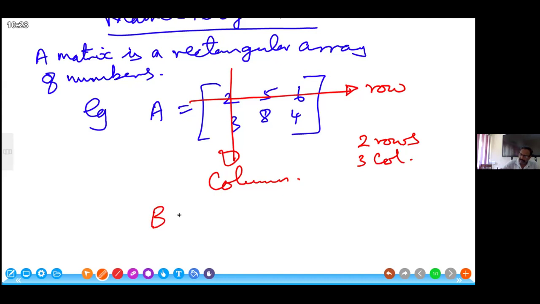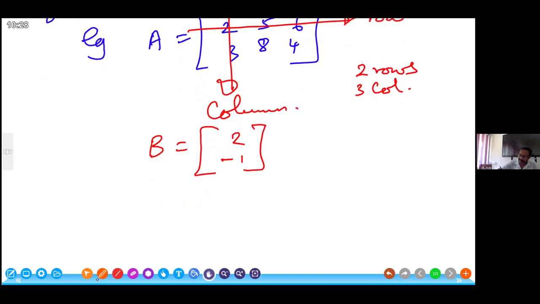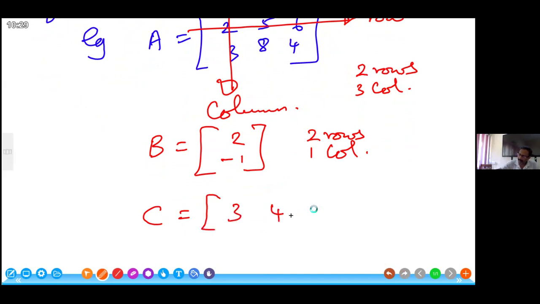Similarly, another matrix, 2 rows and 1 column. Similarly, here 1 row and 3 columns.